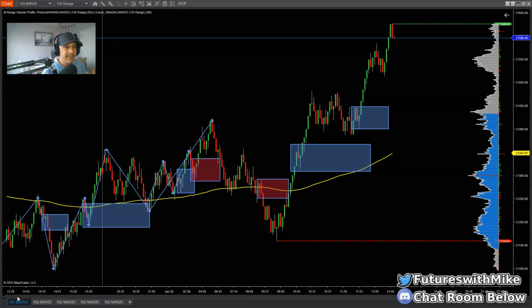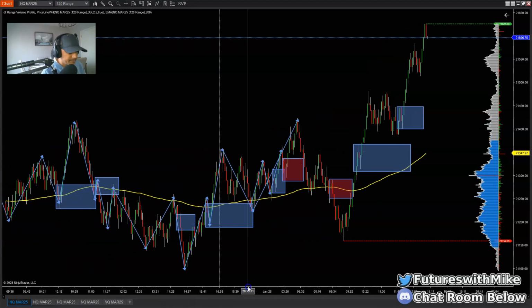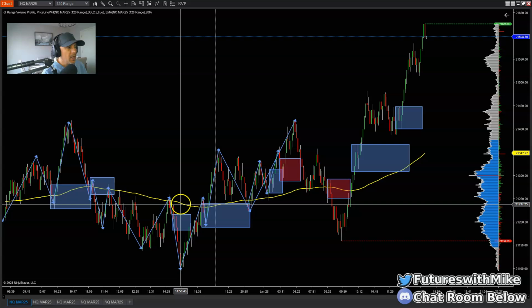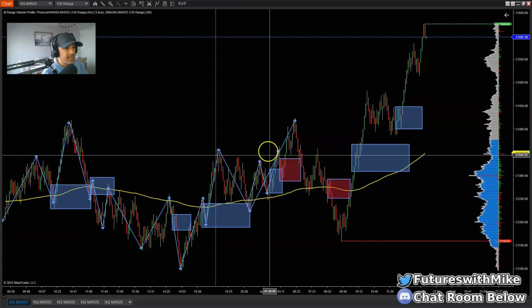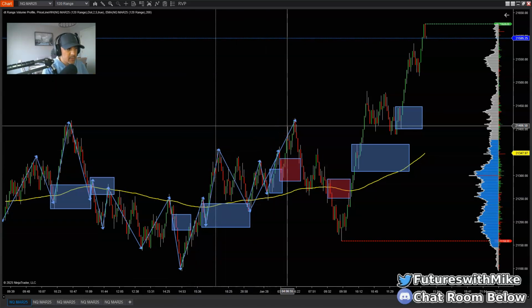Now, what I typically and highly recommend is to just wait for the market to shift back around on the lower base chart, so that way you're in confluence and trading synced with the higher base chart. So if the higher base chart, for example, like right here, we were making structural breaks to the upside, right? Okay, so we're bullish now.